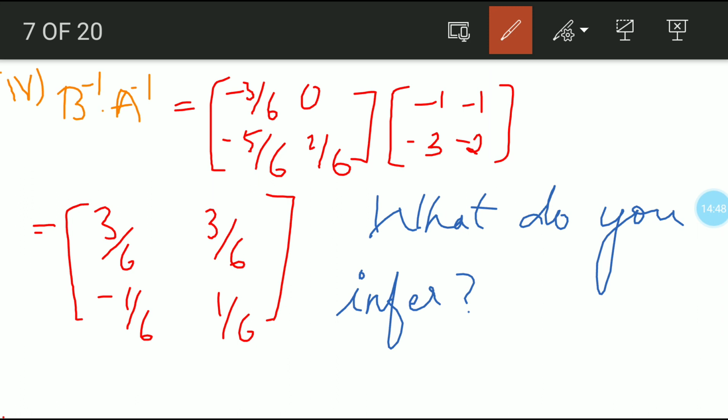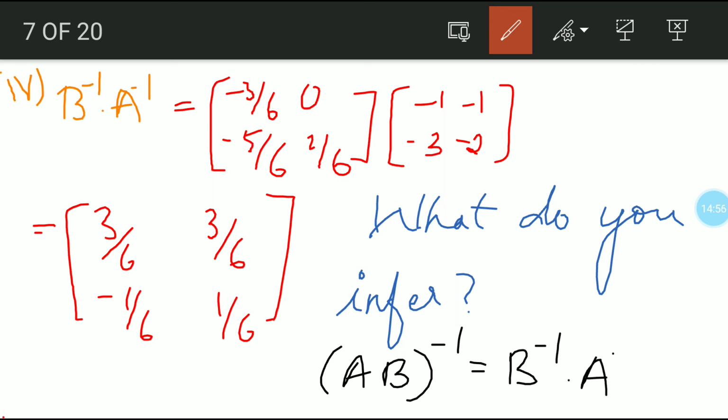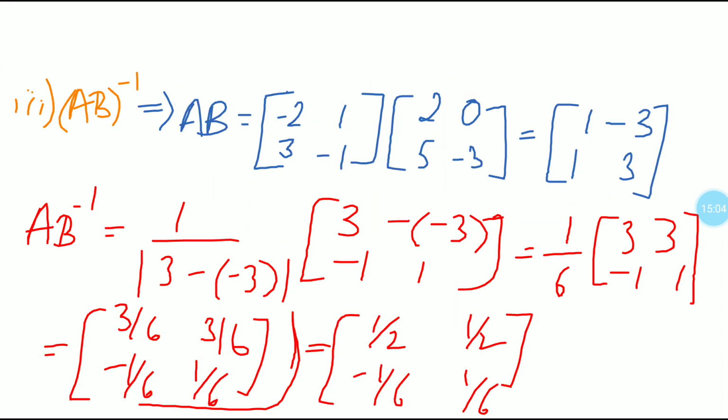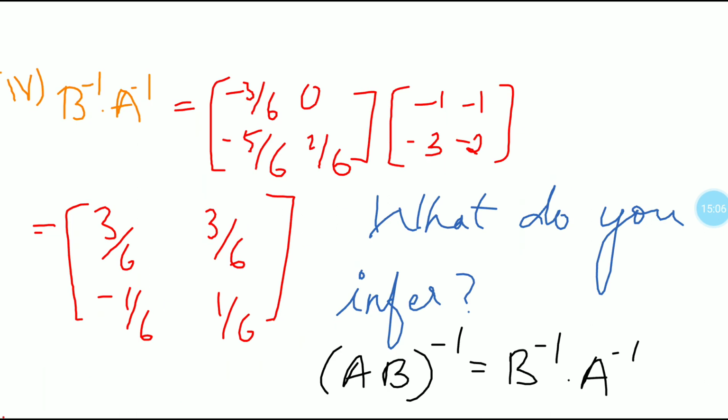That means AB whole inverse is equal to B inverse A inverse. We can write this as B inverse into A inverse, because that is what is inferred here, right? This is the same as this, so we can consider that as the inference. With this we completed our 5th and 4th questions.